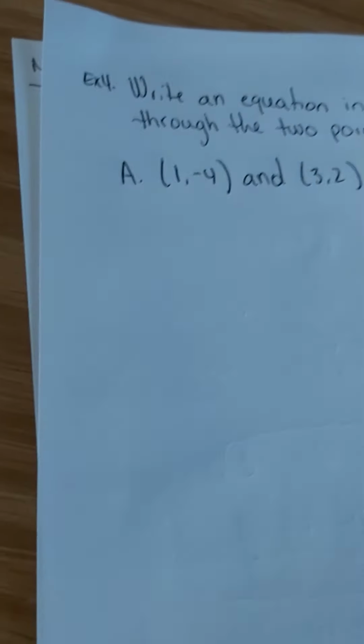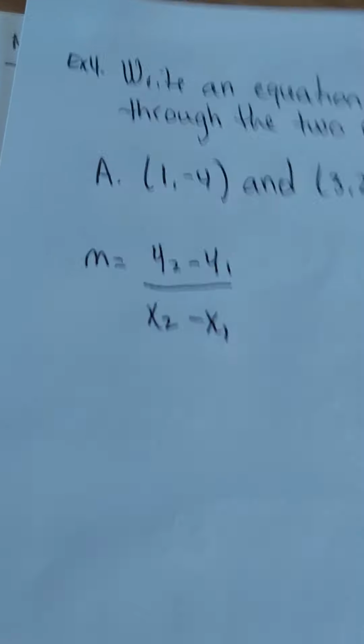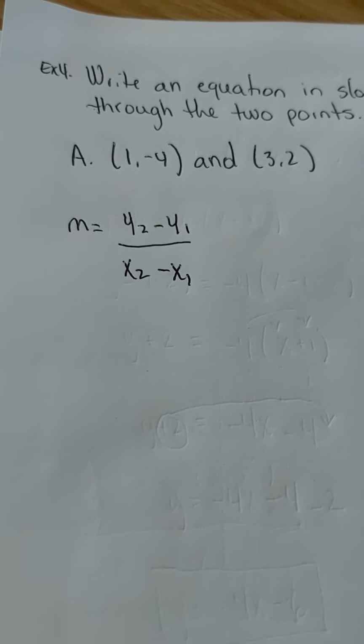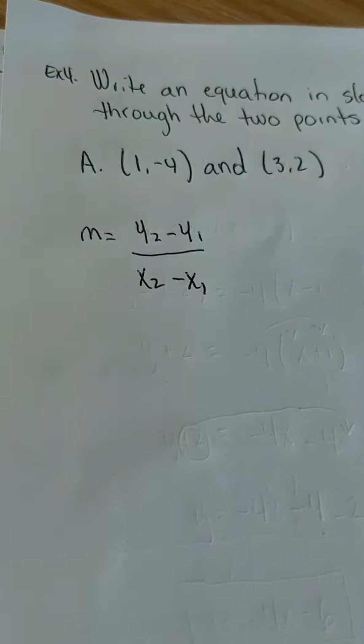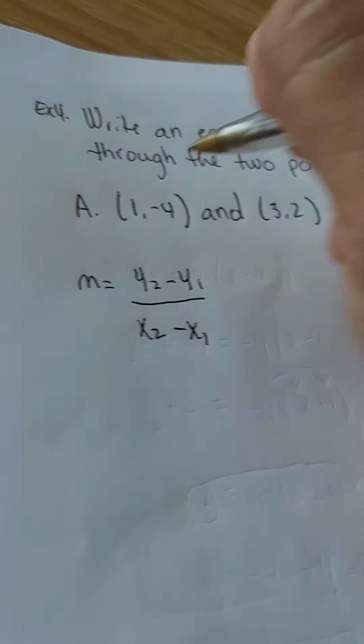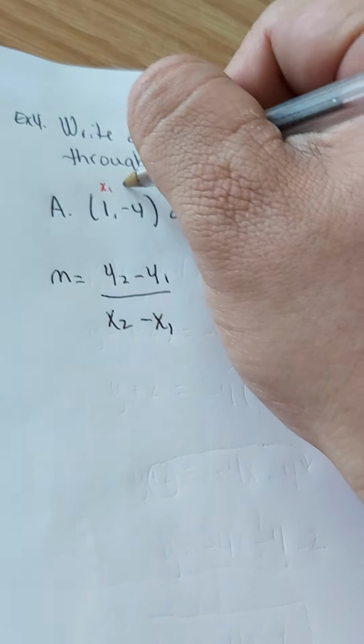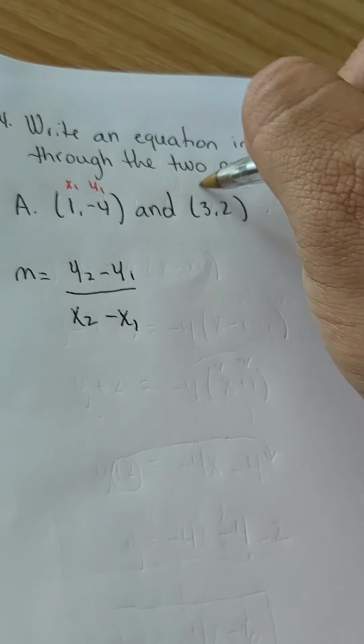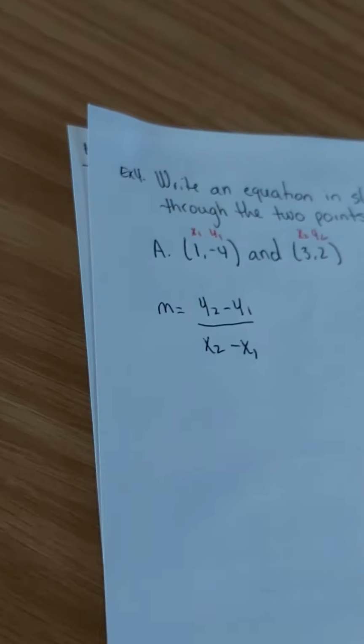Okay, so here, step 1, find the slope. Remember the formula for slope, y2 minus y1 over x2 minus x1. So let's define. This will be x1, y1, and this will be x2, y2.